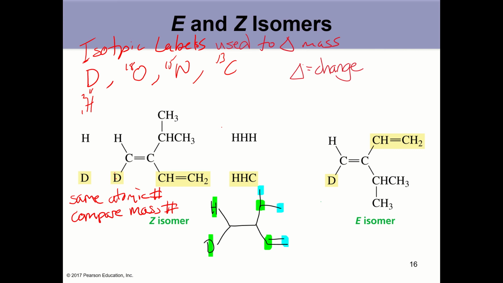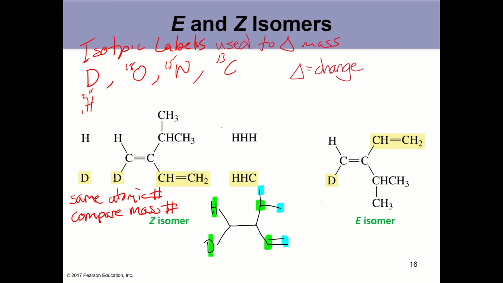So you might ask, why would you want to have an isotope rather than a normal hydrogen bonded to the molecule? Well, the purpose of isotopic labels such as deuterium, 18O, 15N, and 13C is to change the mass of the molecule above what you would see if deuterium was not present.